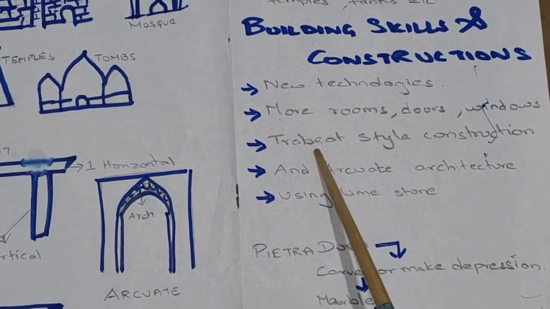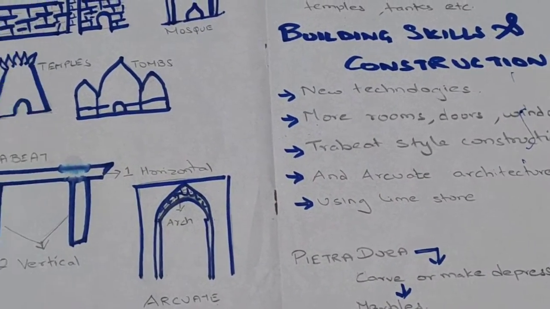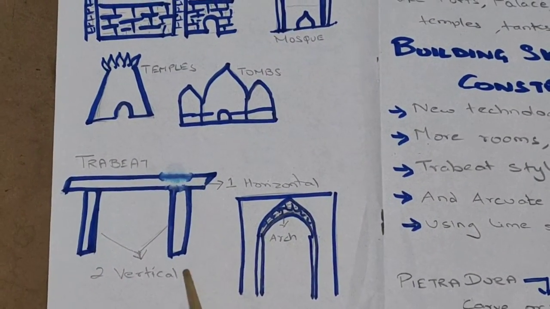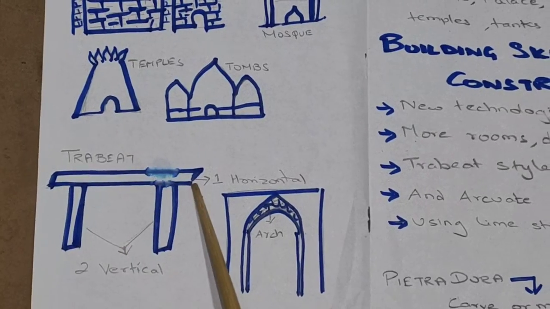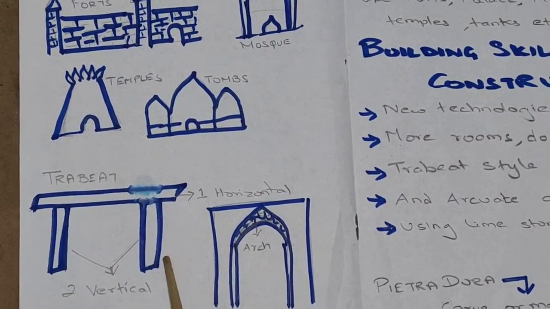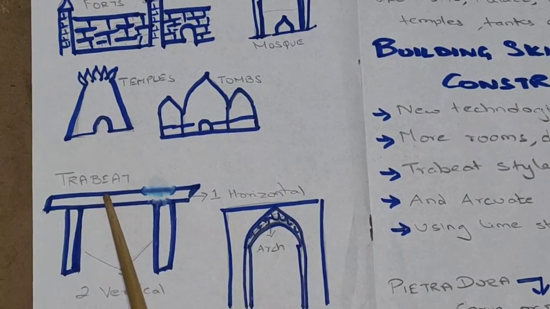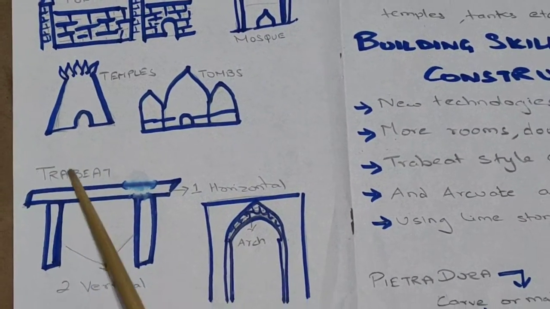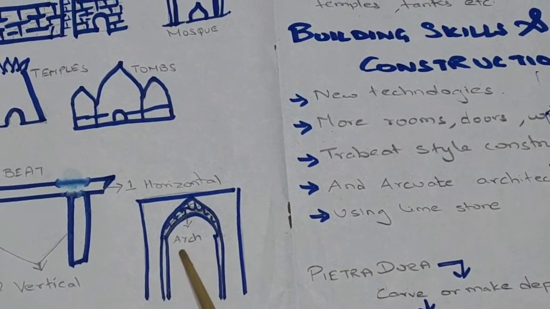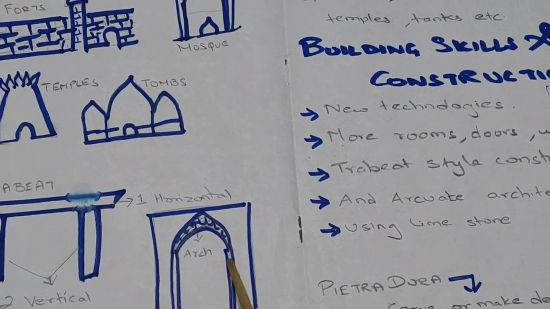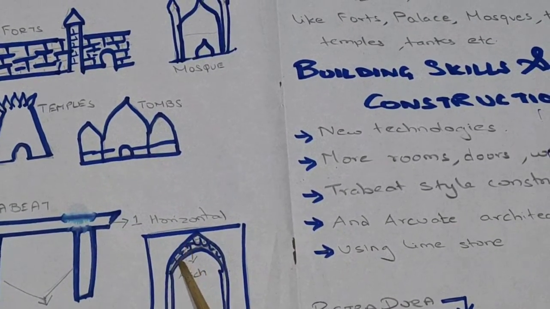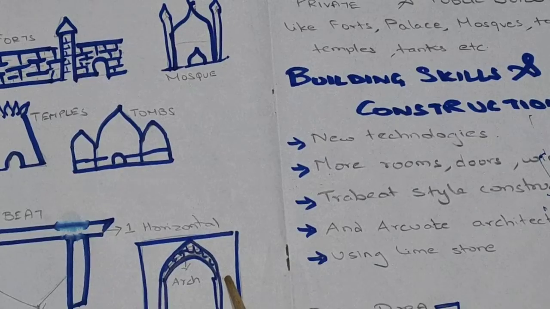The trapeze style construction is nothing but two vertical pillars with one horizontal pillar. This shape is called a trapeze, and the arch form has two pillars with the same horizontal piece but in the shape of an arch with bricks closely laid.